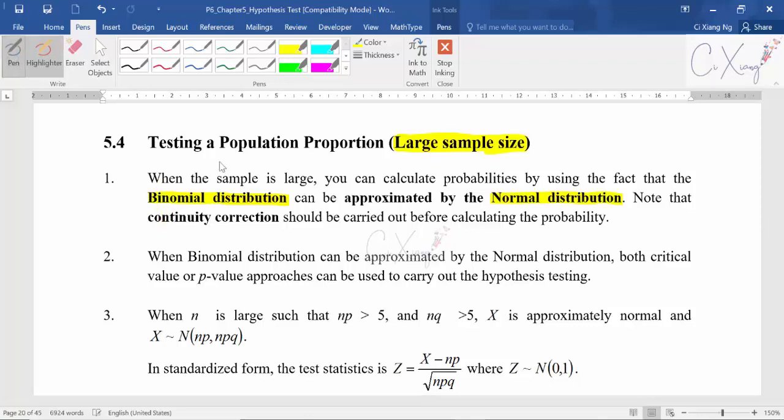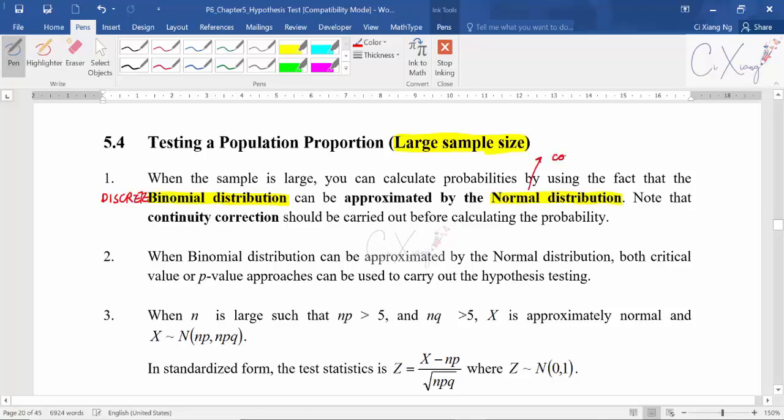Since binomial is a discrete random variable and the normal is a continuous random variable, when you want to do the approximation, you need to do the continuity correction. So the concept and everything is exactly the same as what you learned before.